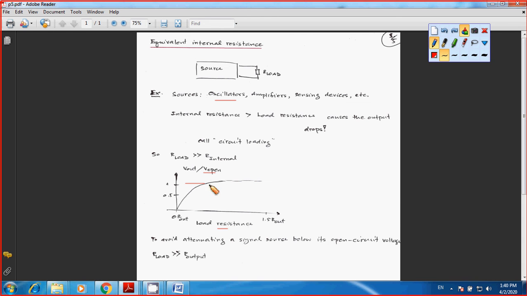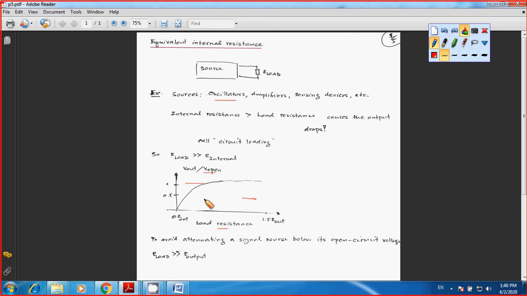So when your load resistance is greater, the ratio of V out over V open tends to be 1, or they are the same. That means your output voltage is not going to drop when you connect your load resistor to the supply circuit.